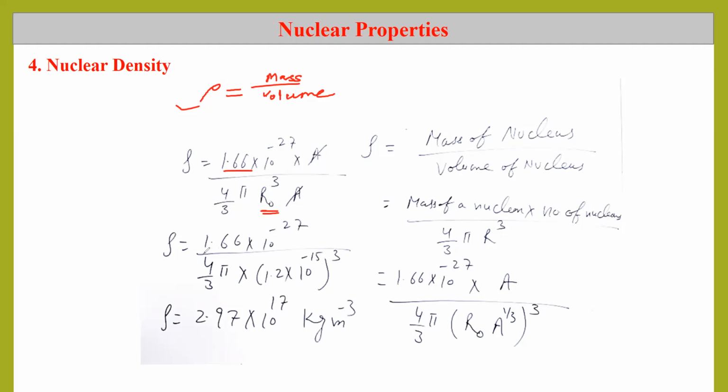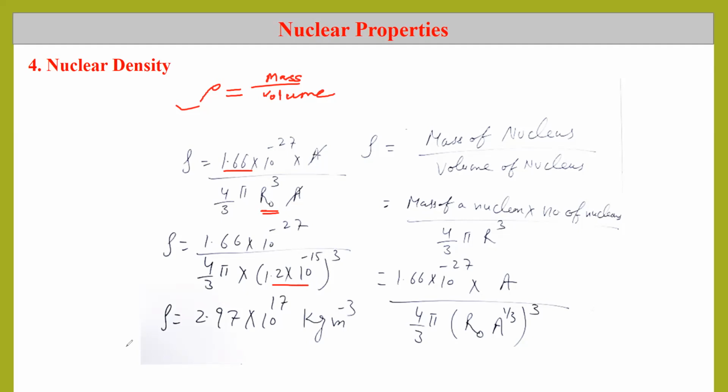So 1.66 into 10 raised to the power minus 27 by 4 by 3 pi into 1.2 into 10 raised to the power minus 15, whole power 3, because I told you the value of r naught lies between 1.2 to 1.4 or 1.6. We consider 1.2 into 10 raised to the power minus 15, whole power 3.